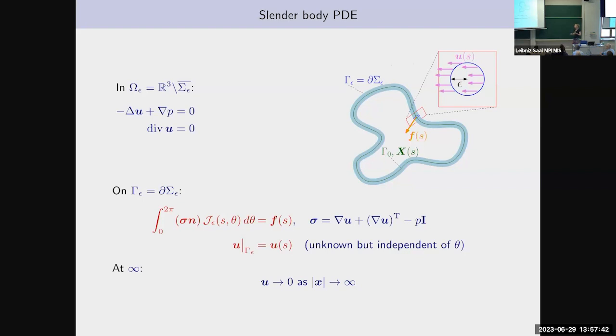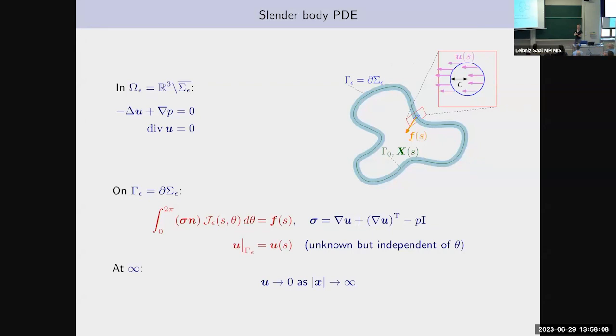So we impose that the filament velocity does not depend on the angle of the cross-section, but only on the arc length parameter, right? So in particular, we don't have any pointwise boundary information. We just have this sort of total force condition, and then this fiber integrity condition that the velocity of the filament is only a function of arc length.